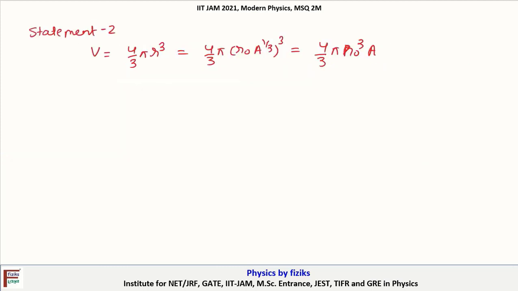Yes, V is linearly proportional to A. Statement 2 is also correct. Now coming back to statement 3.